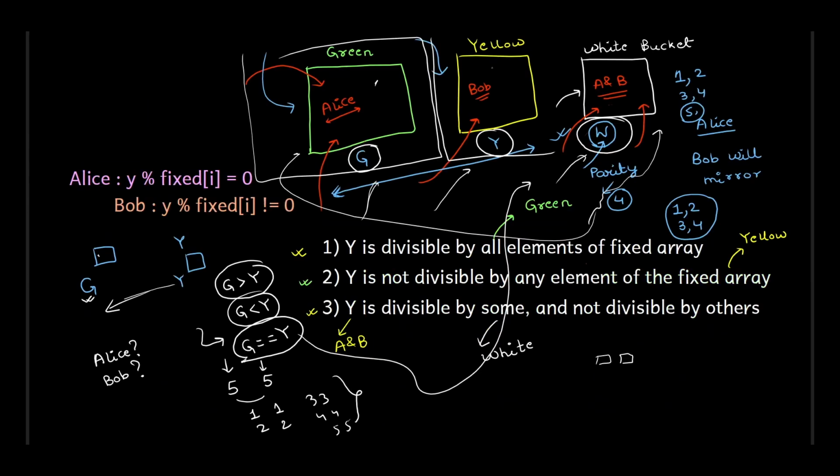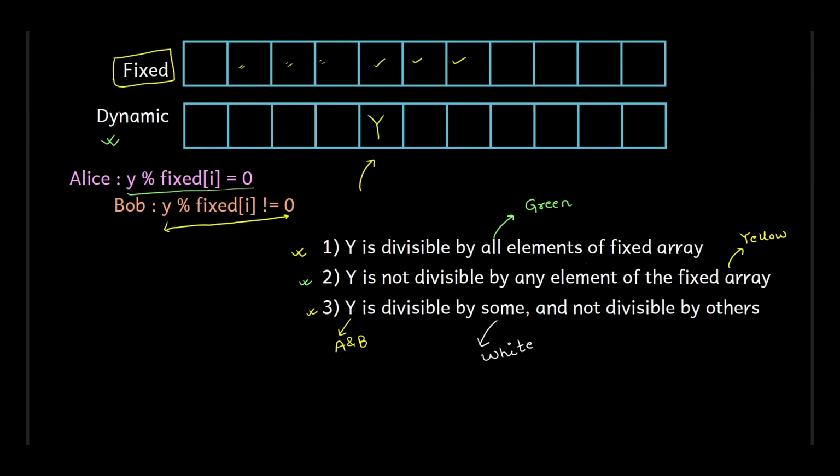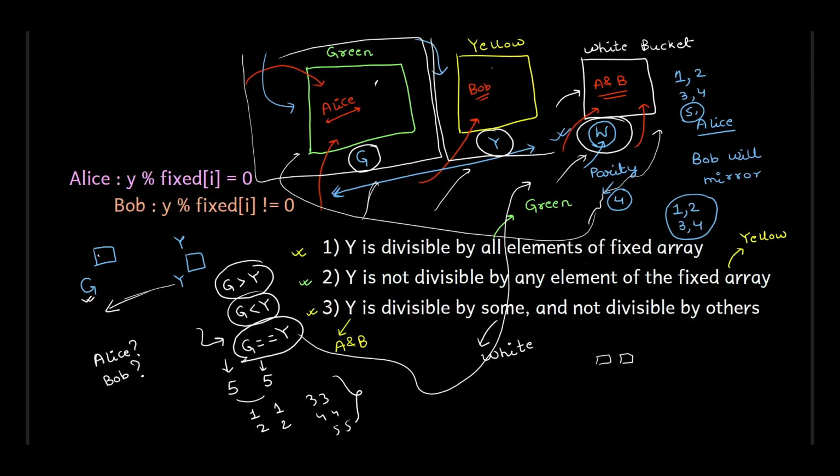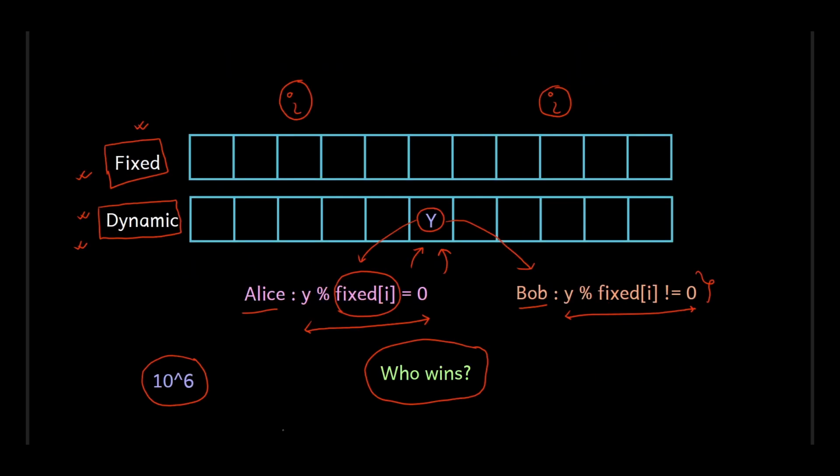There is no interleaving between them as such. This is in fact a good problem for you to understand how that mirroring strategy works and how to think about game theory problems, because when we started this problem there were so many moving parts that we didn't really know what to do.